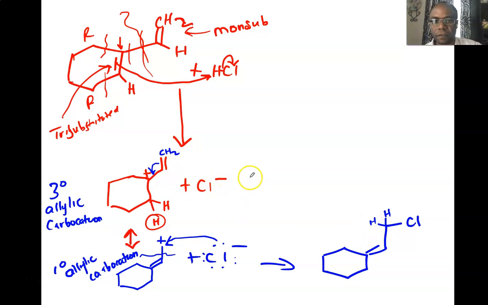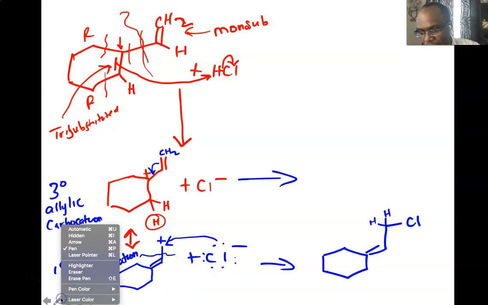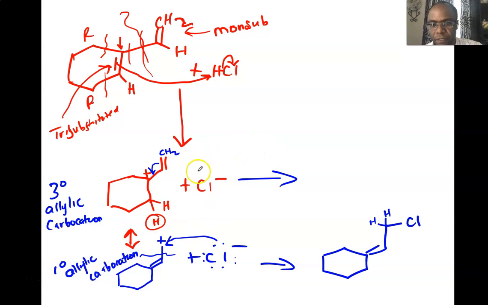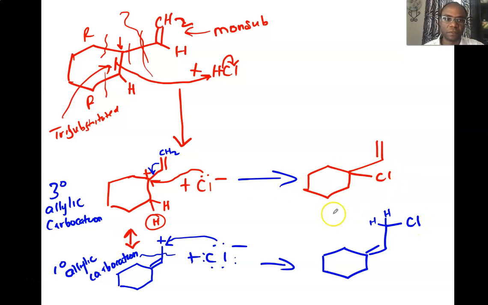Okay, now if this happens, where's my red pen? If this happens and chlorine attacks here, the product will be this. So which of these will dominate out of these two products?